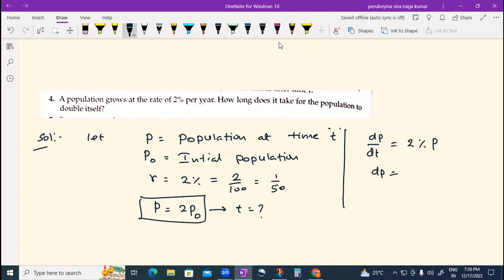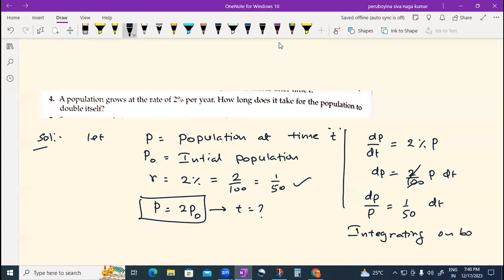First we write dP is equal to 2%, which we already calculated as 1 by 50, into P into dt. So dP by P, we separate the variables: this is 1 by 50 into dt. Now we will integrate on both sides.